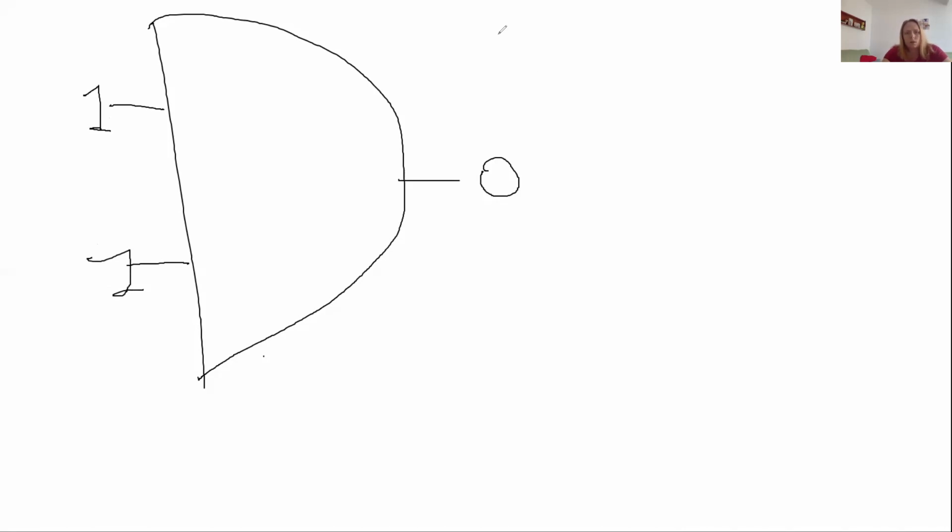So that's the only way that you will get a positive output, if both inputs are positive. So if we remember that.